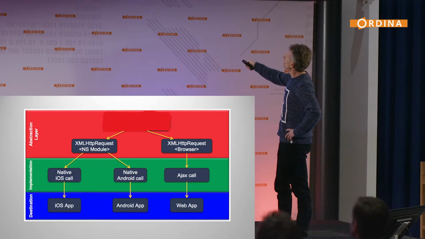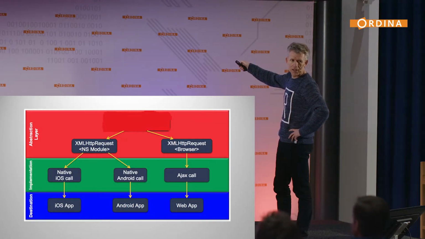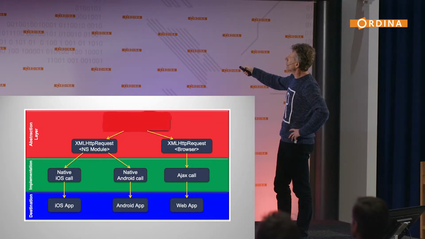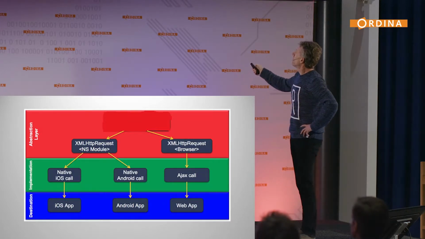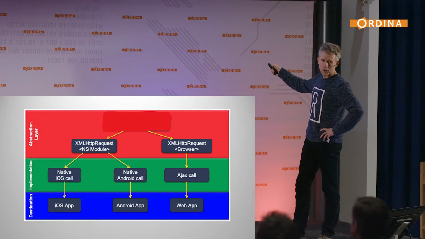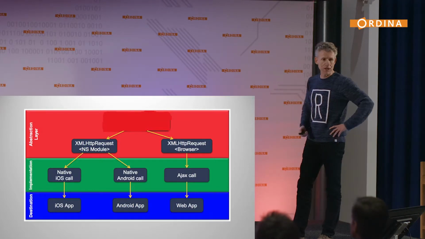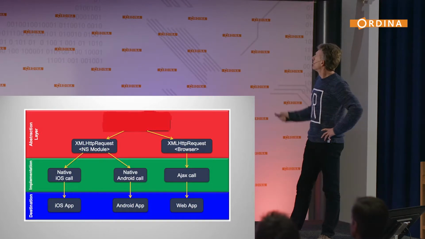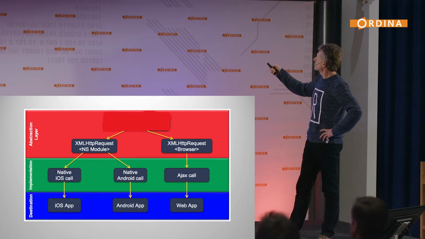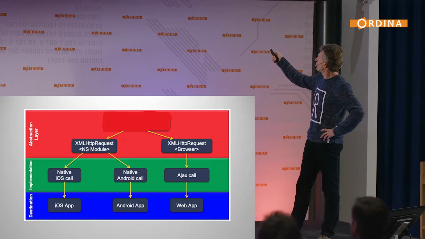Here on this side, you see the HTTP module I showed you before, and that works only for the native calls to Android and iOS. And on our website, our web app, we have our own HTTP implementation to make the calls. What's the solution to reuse all this?